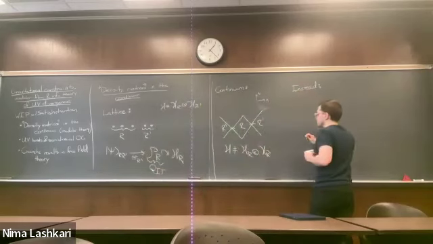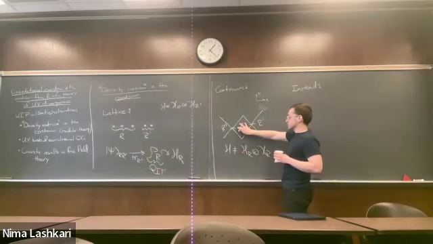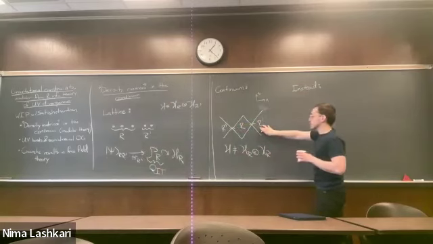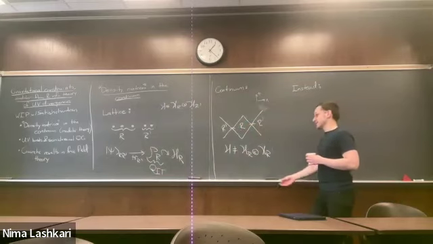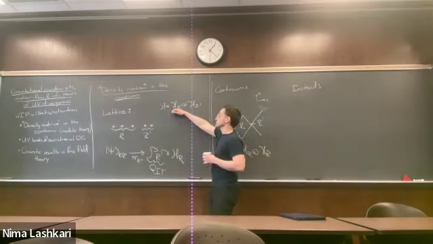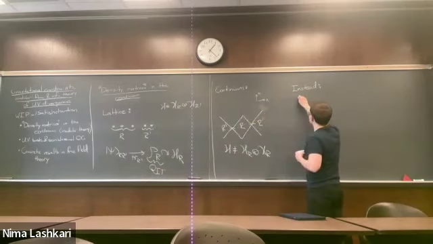So instead, what you have are operators that live in R and operators that live in R prime, and together those generate all of the operators of the theory. It's like the Heisenberg version of this picture. So the way we write this is as following.